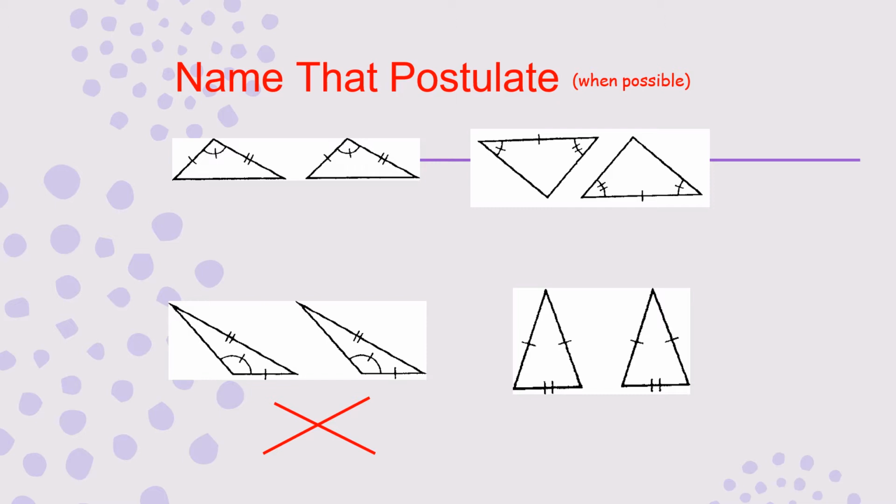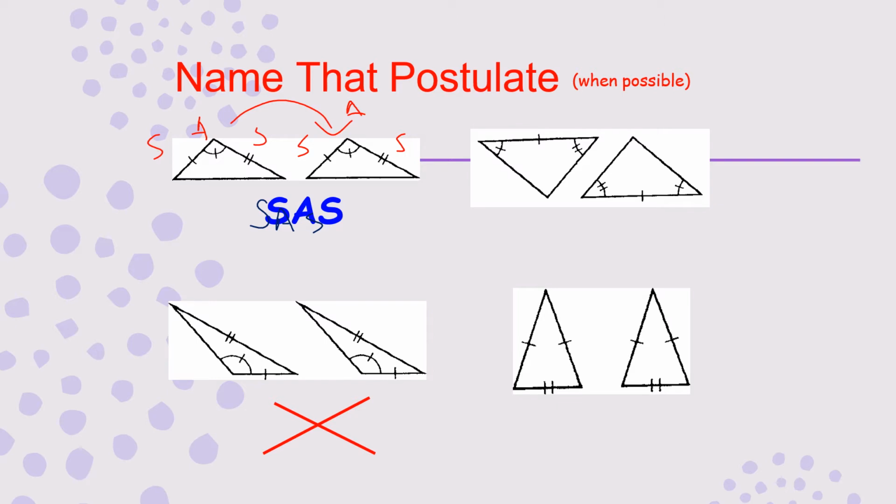Can you name the postulate by looking at the triangles and the given corresponding sides? So in the first figure, the side, angle and the side of the first triangle are equal to the corresponding side, angle and side of the second. So the first one is your SAS.